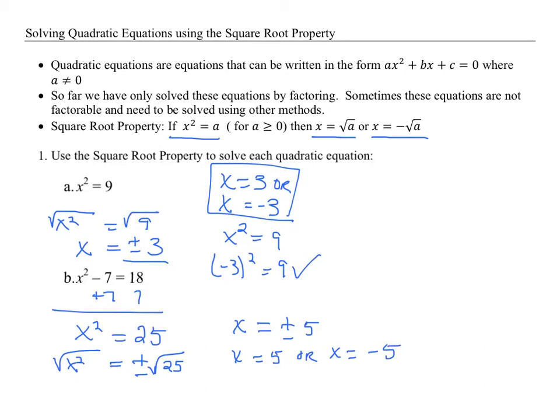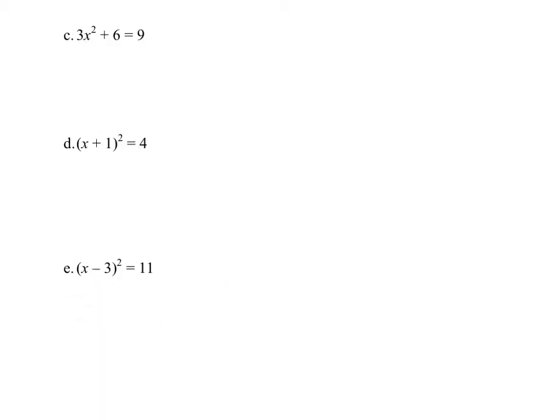Alright, so I have 3x squared plus 6 is equal to 9. Well, the problem is this 3 and the fact that I don't have something squared equal to something. So first let me get rid of the 6. I'll bring it over. And then I'm going to divide out that 3 because I need something squared equal to a number.